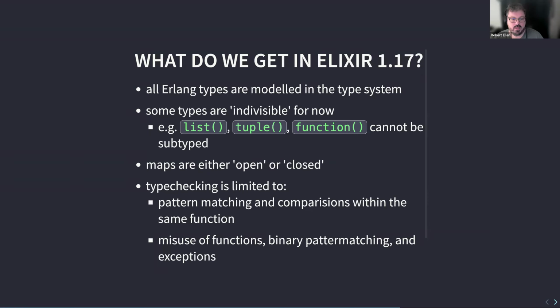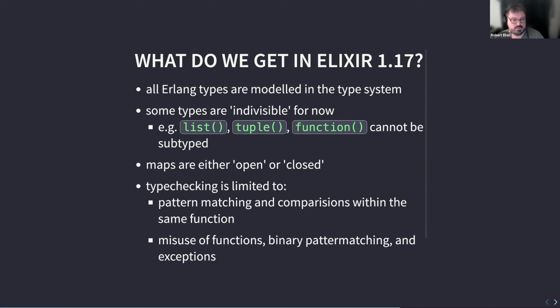They're all in there. And there's a limited number. One of the interesting and useful aspects of languages like Erlang and Elixir is there's a fixed set of types. Makes things easy to reason about. But some of them are indivisible for now.